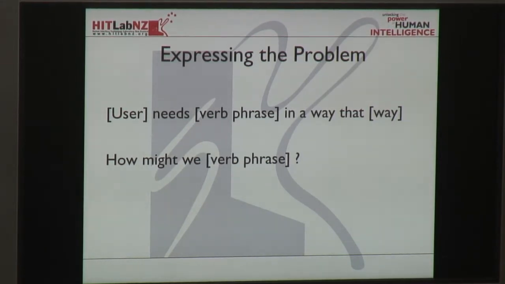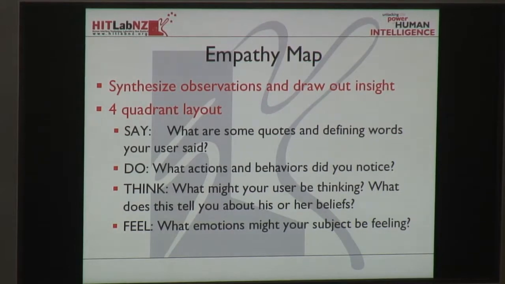One way of doing that is by using an empathy map. An empathy map is a way that you can collect together all your observations and draw out insight. There are several ways of doing that, and I printed out an example of an empathy map, so I'll pass this around.